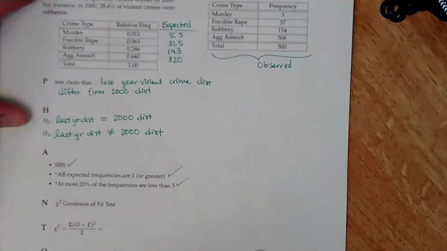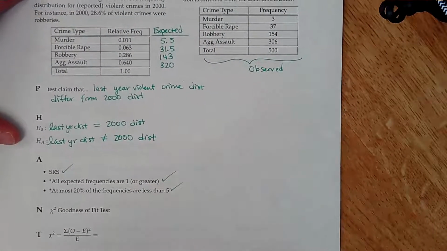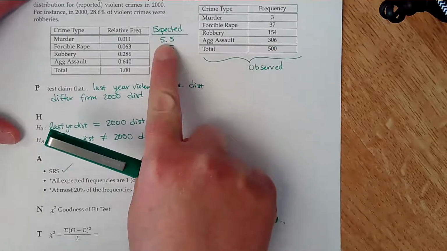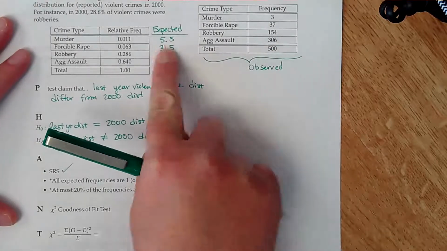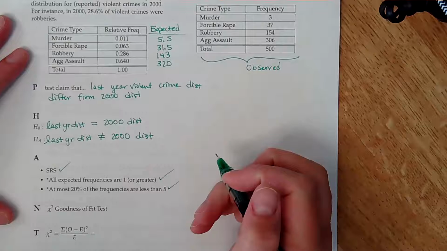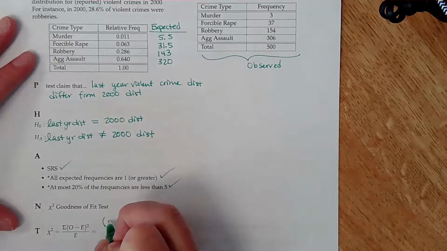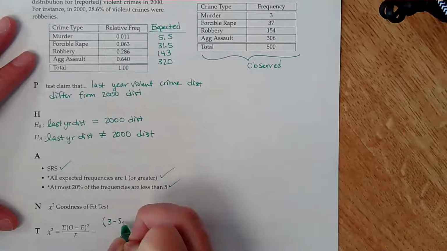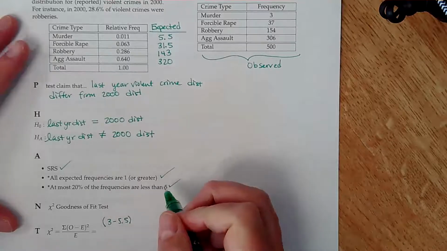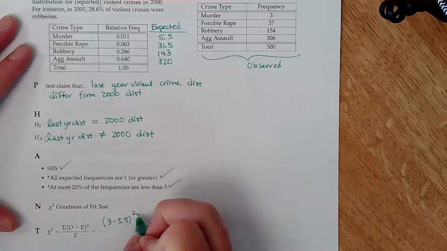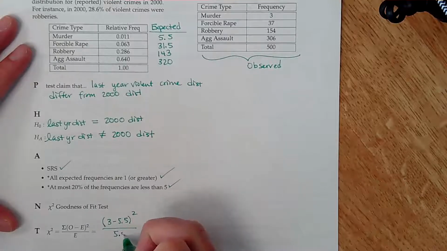All right, to get this test statistic, I'm going to do the observed value minus the expected value, square it, and then divide by the expected. So I'm going to write this out for this first one so you can see what that math actually looks like. And then we'll take a look at how to speed that up in Excel. So for the murder category, I get 3 minus 5.5 squared divided by 5.5.